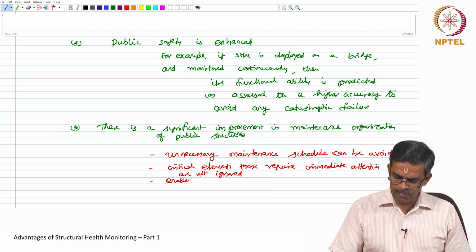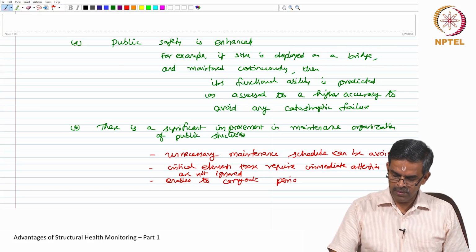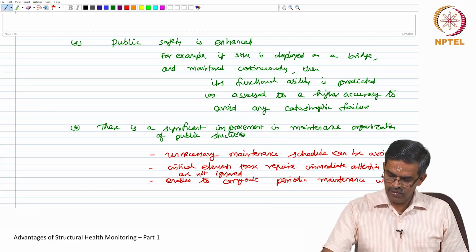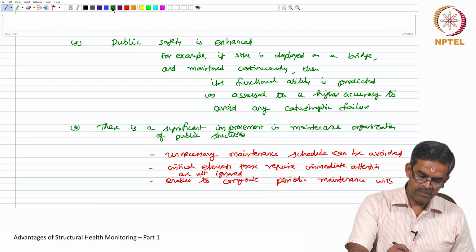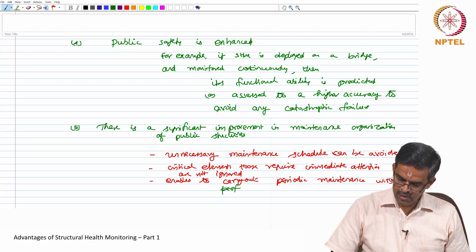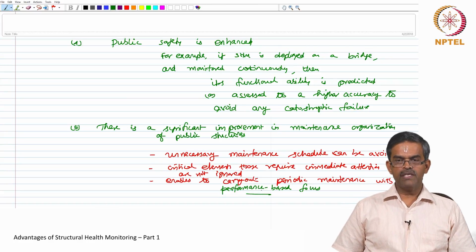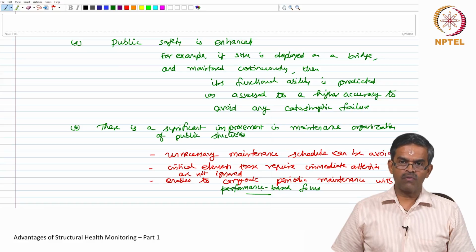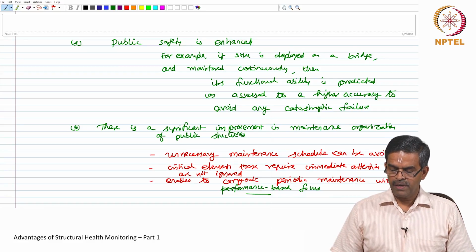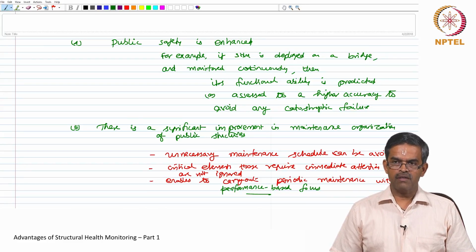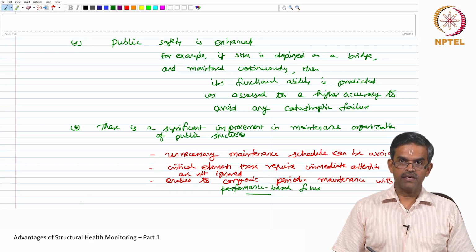It enables us to carry out periodic maintenance with, let us say, a performance based focus. Friends, this is a very recent trend which enables a lot of cost saving and engineering efficiency in planning, or I should say pre-planning, maintenance in terms of structures of very high strategic importance.